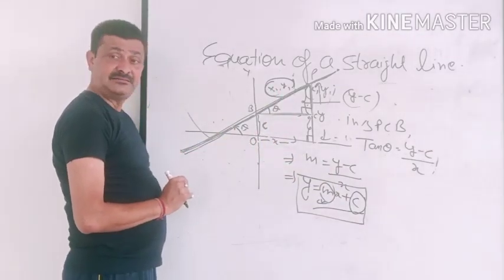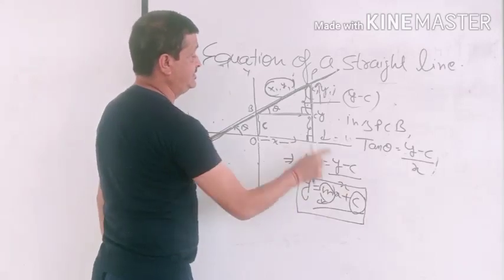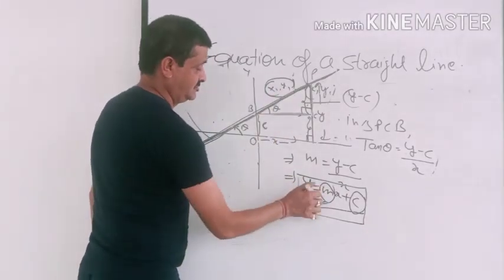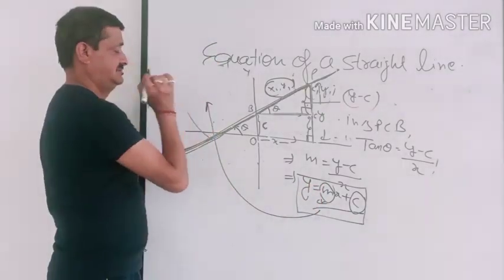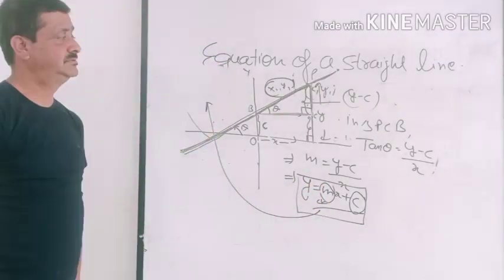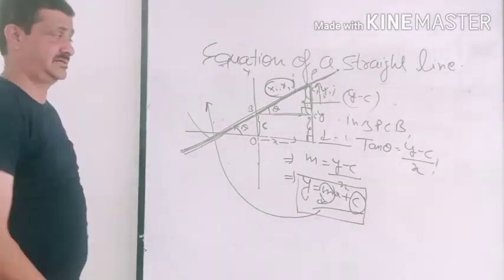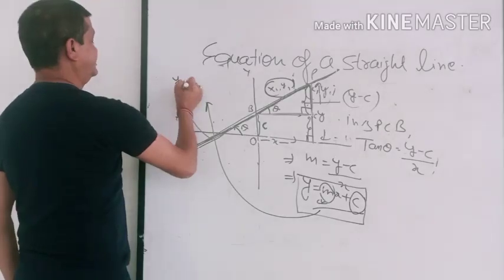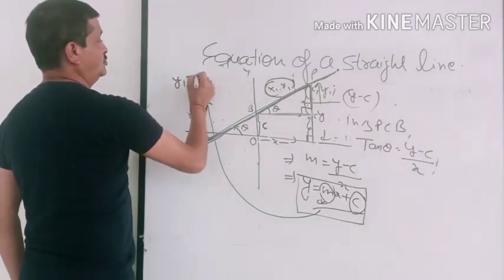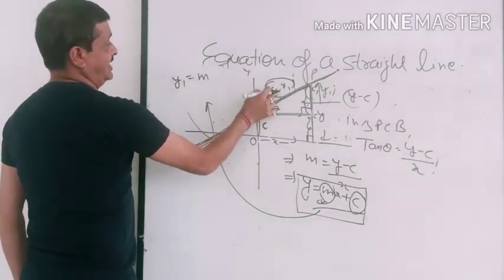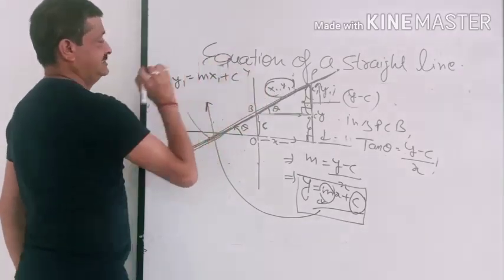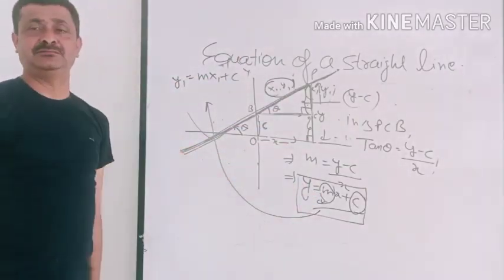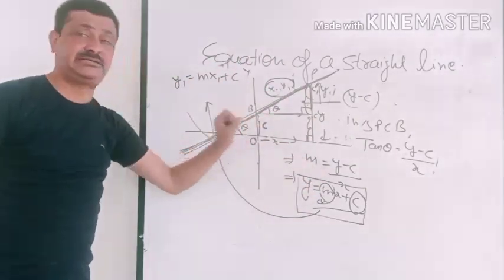Clear? Means whatever x and y are, they will hold this relation. So try to understand this, otherwise you will just mug it. Y is equal to mx plus c. So the y coordinate of this point, that is y1, is equal to m times the x coordinate of this point plus c. This point will satisfy this relation because this point lies on it.